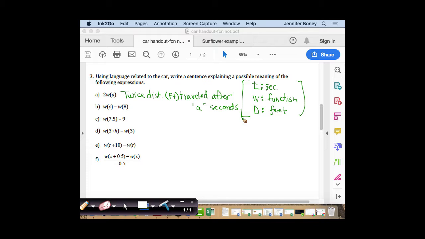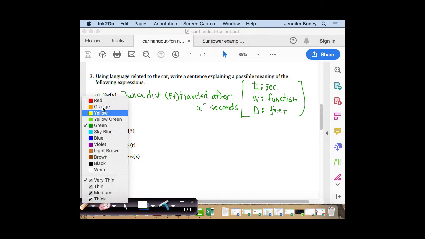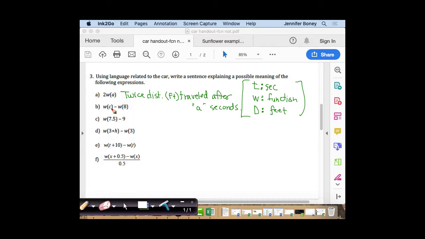Now B and C should maybe look familiar, and D and E, they're all that subtraction of something. C looks a little weird. But B, if I wanted to talk about what this W of C minus W of 8 is, based on what we did up above, we had a series of subtracting 2 function values.